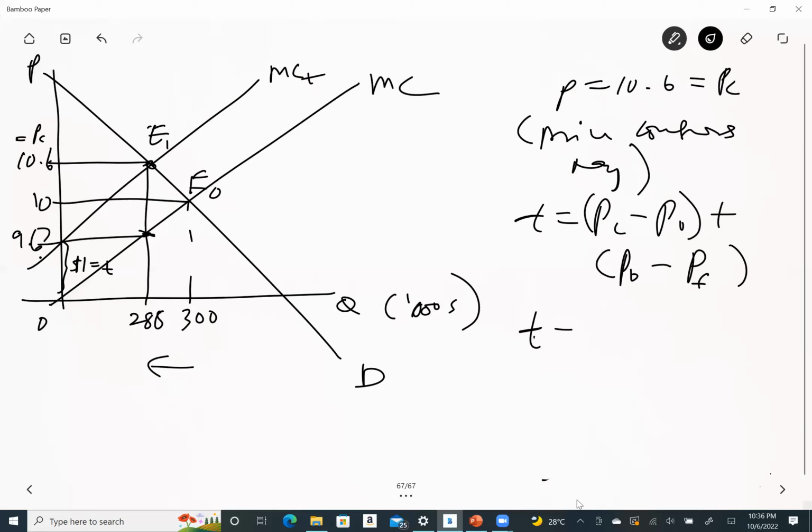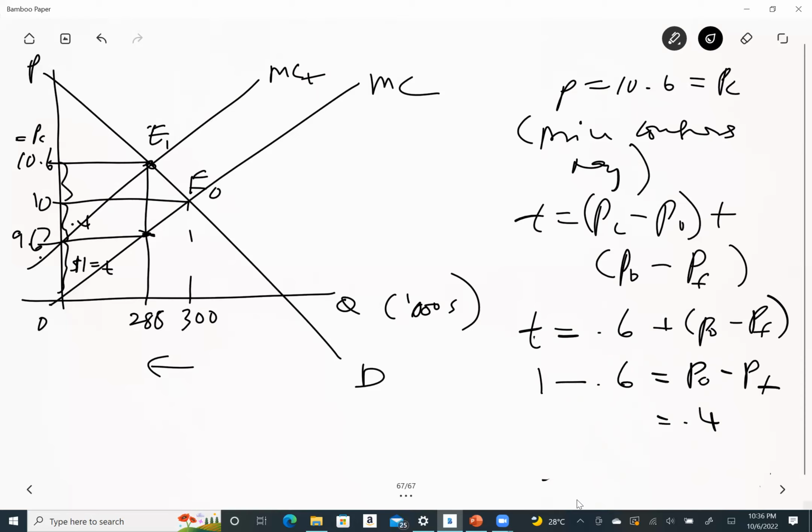T equal to 0.6 plus P0 minus PF. So this is equal to 1 minus 0.6 equal to P0 minus PF. That is equal to what? 0.4. So P0 minus PF is 0.4. Here, 0.6. So 1 ringgit.